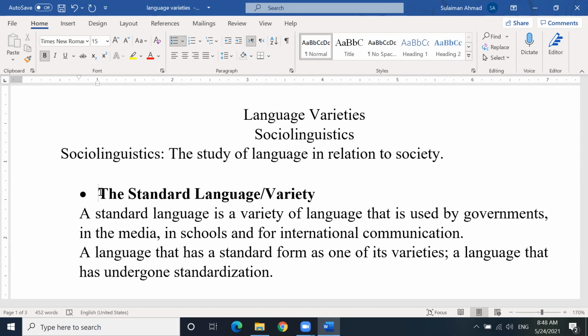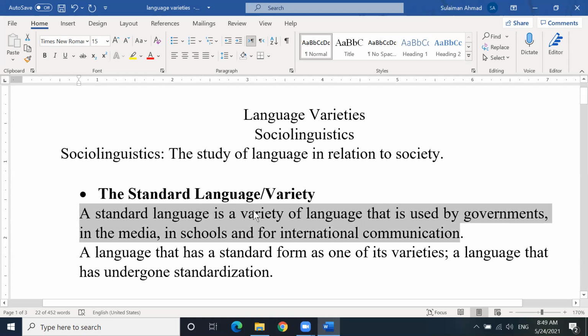The standard variety of Pashto, the standard Pashto language. So that is what we mean by standard. Now, a standard language is a variety of language that is used by governments, in the media, in schools, and for international communication.